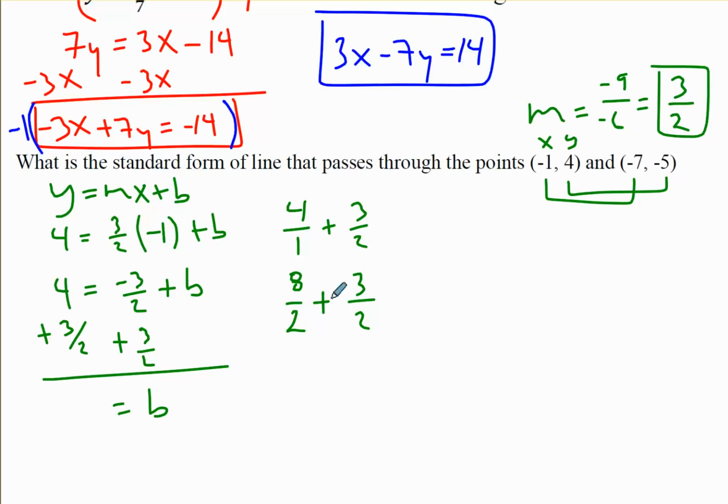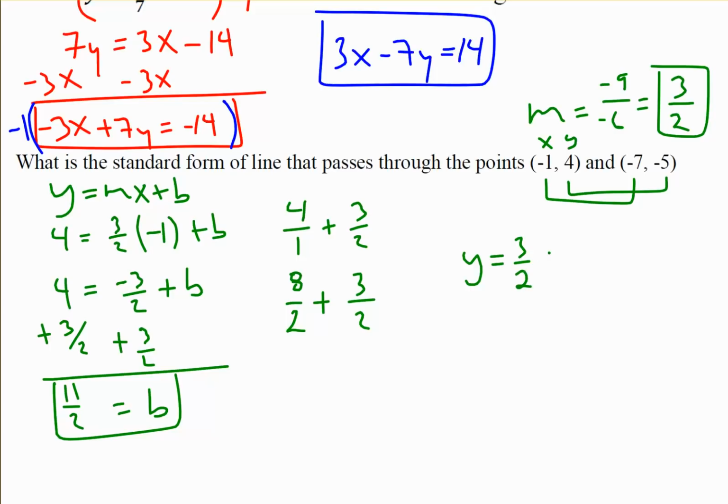So that's 8 halves plus 3 halves, and that would make 11 halves. So our y-intercept is 11 halves. So our equation would be y equals, what was our slope? 3 halves. So 3 halves, write that a little nicer.